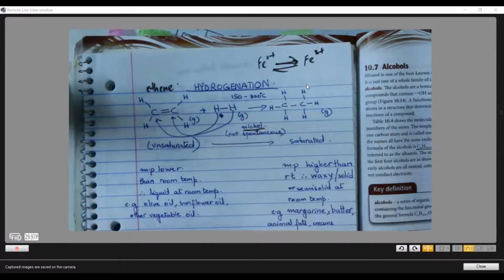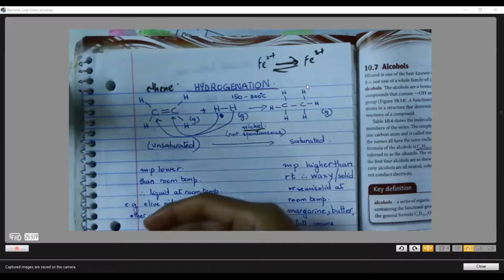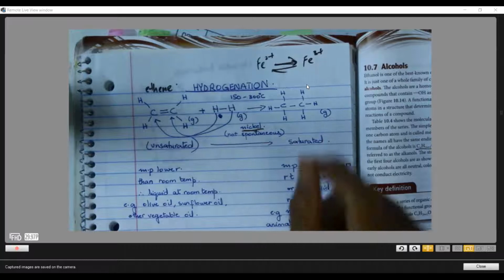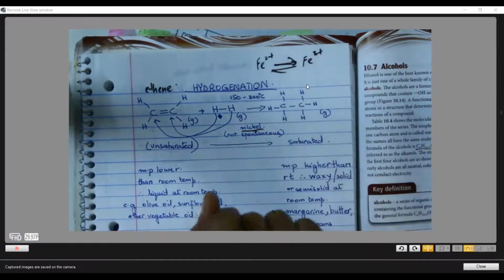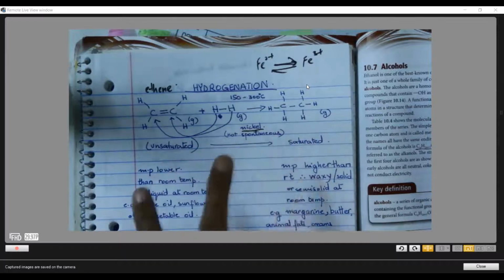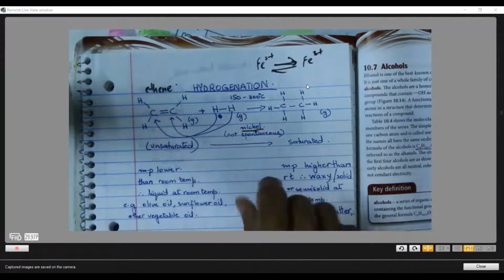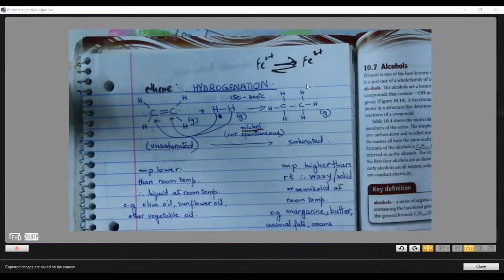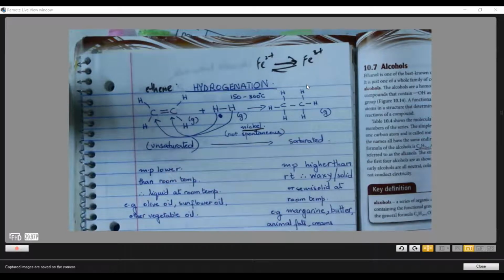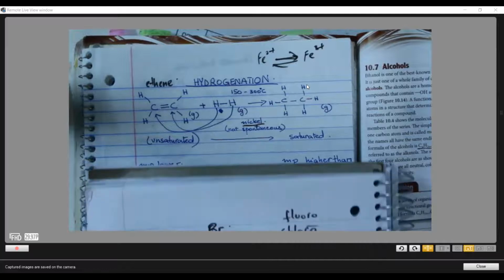Okay, now, one point that I forgot and now I remember: which one, alkanes or alkenes, has a higher melting point and boiling point, and why? I have written the answer, but you also have to tell me why.